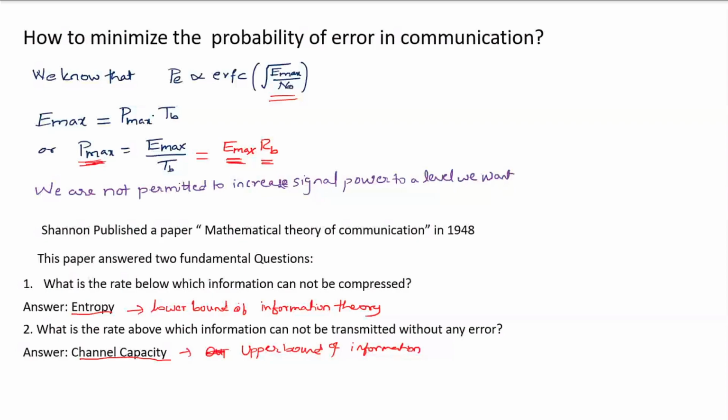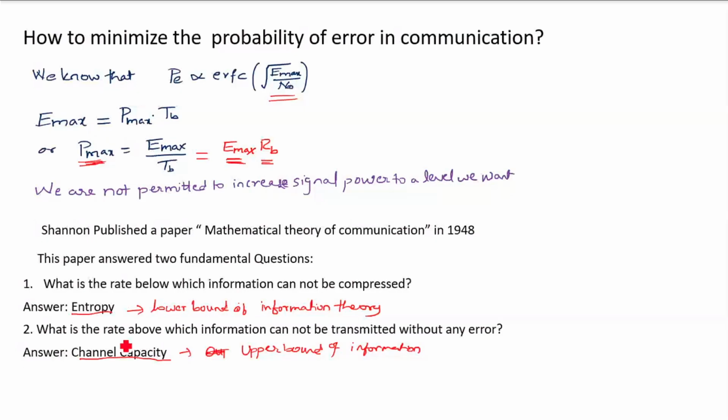So entropy is one number, channel capacity is another number. That means these are quantified, and information theory is nothing but quantification. We quantify the information with respect to the source, and we quantify the channel also.